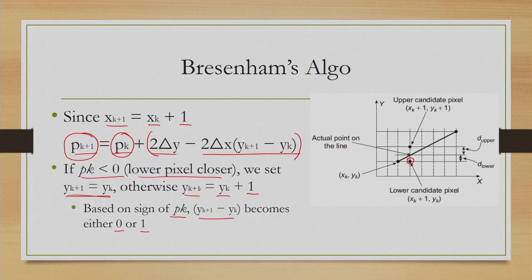If that is not the case, then we have to choose yk plus 1 equal to yk plus 1, that is the upper pixel. So, depending on the sign of pk, this term yk plus 1 minus yk turns out to be either 0 or 1. If pk less than 0, then this is 0. If pk not less than 0, then it is 1.